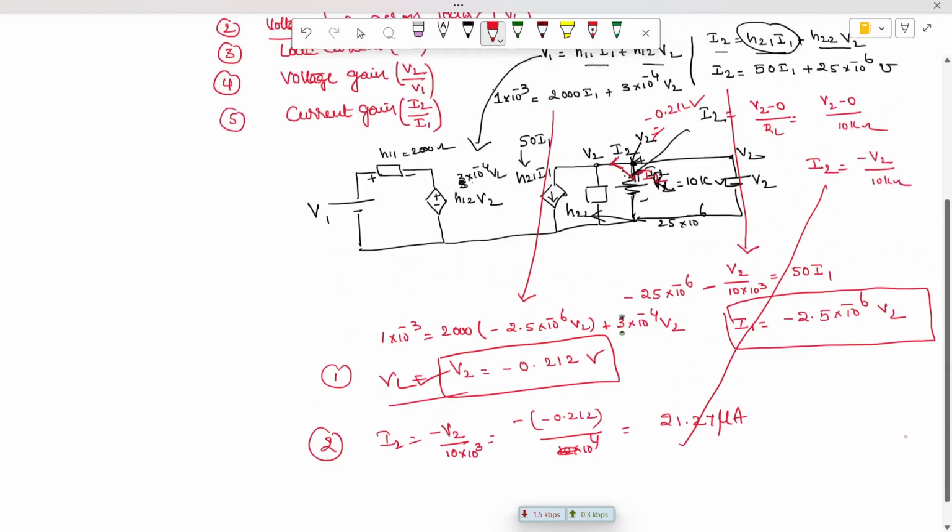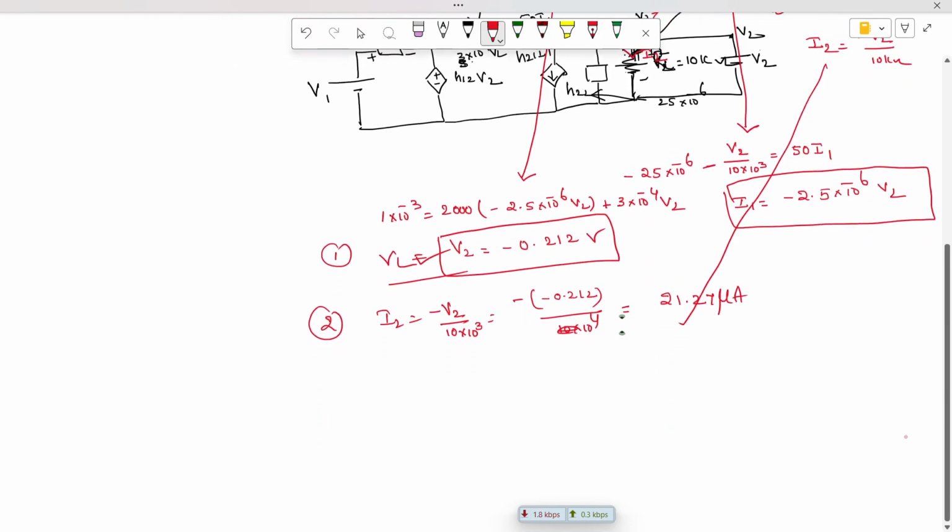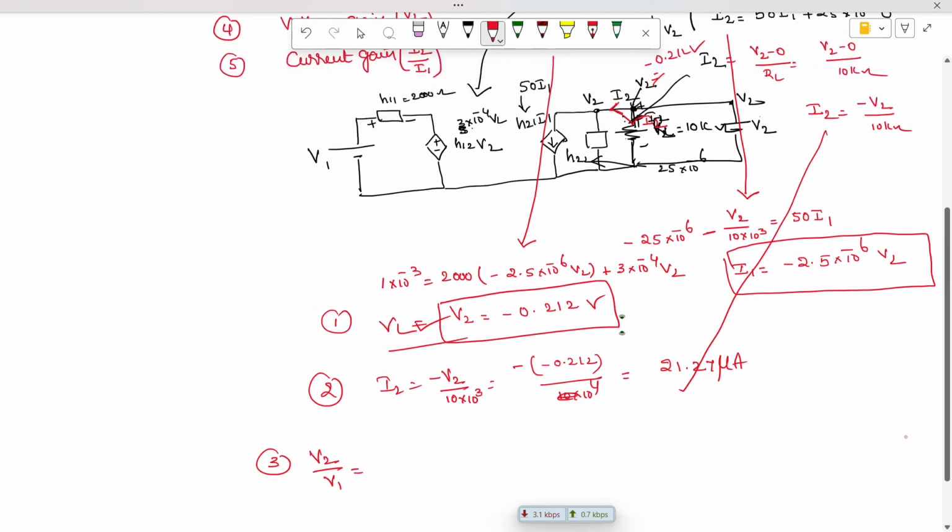So first answer we got, second answer we got, and we need to find the third answer, which is nothing but V2 divided by V1, which is the voltage gain. So the value of V2 we got is minus 0.212 volts divided by the value of V1.